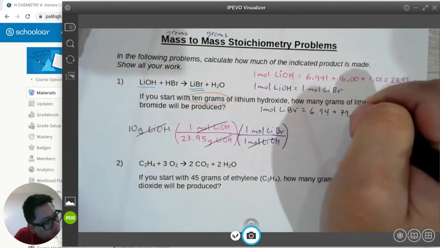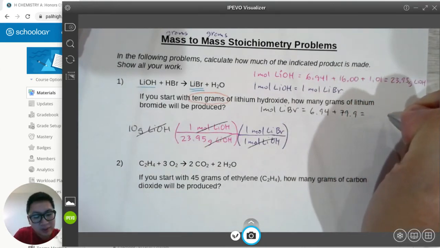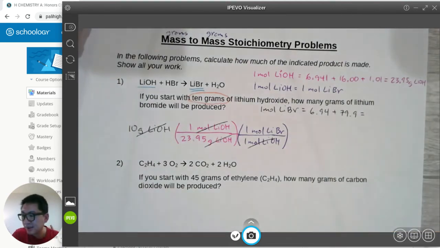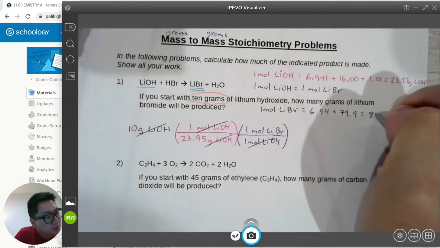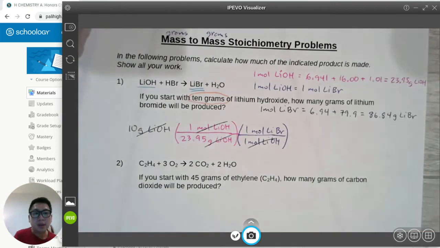And it said 79.9. That adds up to 86.84. So the molar mass of lithium bromide is 86.84, assuming I looked everything up correctly on the periodic table.